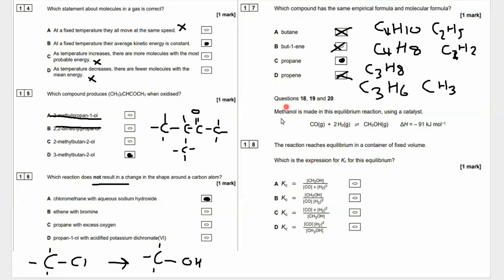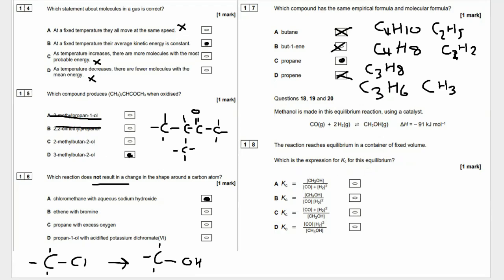Right. Methanol is made in this equilibrium reaction using a catalyst. So carbon monoxide plus 2 hydrogen molecules, reversible, goes to methanol. It is exothermic, minus 91 kilojoules per mole. The reaction reaches equilibrium in a container of a fixed volume. Which is the expression for Kc?